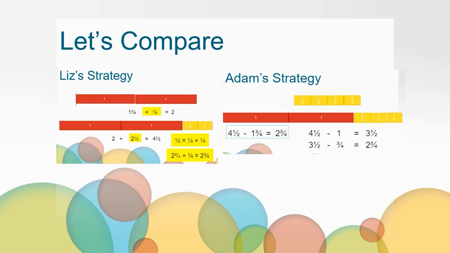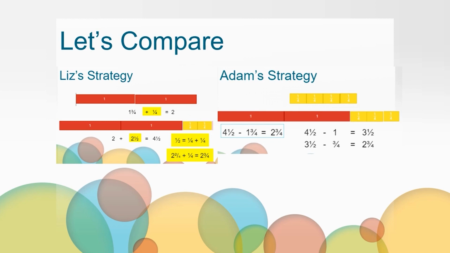Let's start with some of the similarities or things that are the same about the two strategies. First, they both came up with the same answer of 2 3/4. Another similarity that I noticed is that they both broke up a whole or the 1/2 into fourths. They also both used the fraction tiles to represent their thinking.